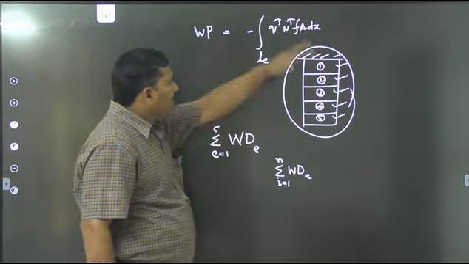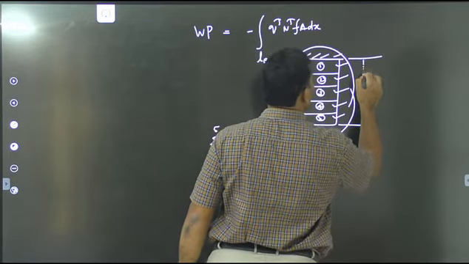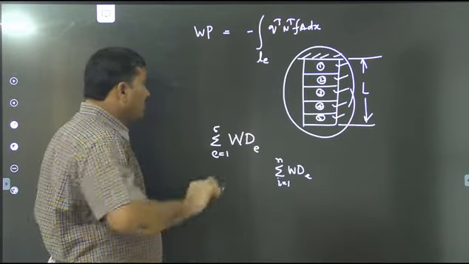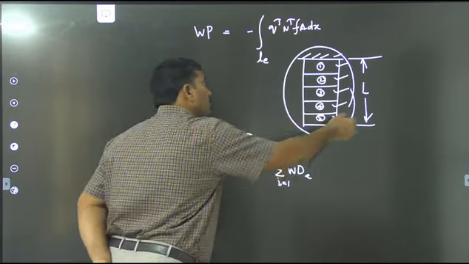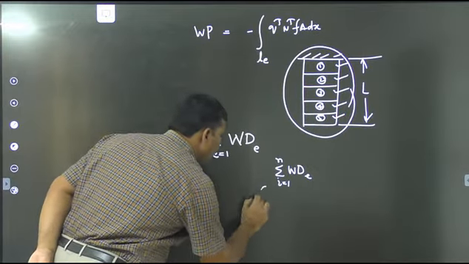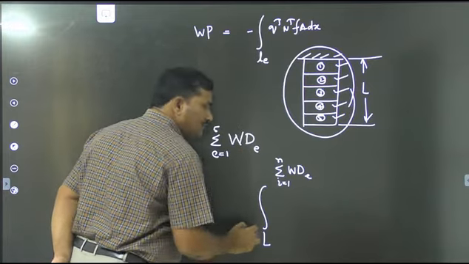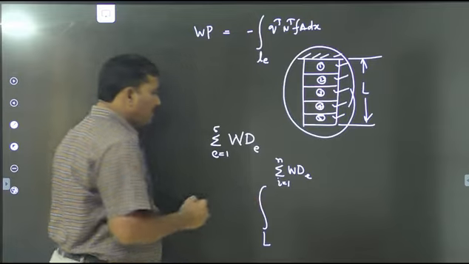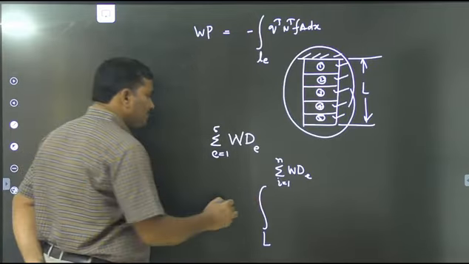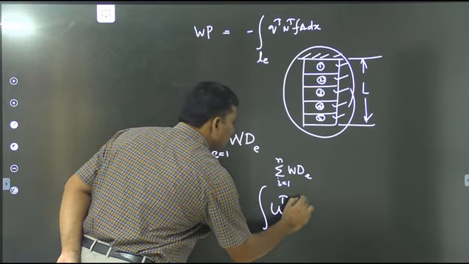If you want it for the entire solid, if L is the length of the solid, then the work done by the body force of the entire solid is the integral over the length of the entire solid of U transpose into Fa into dx.